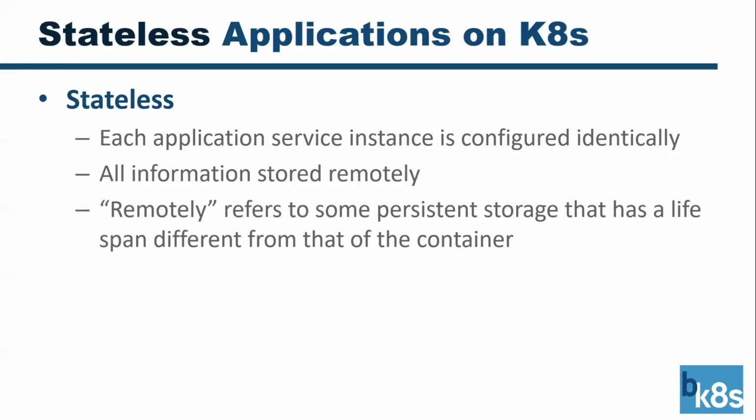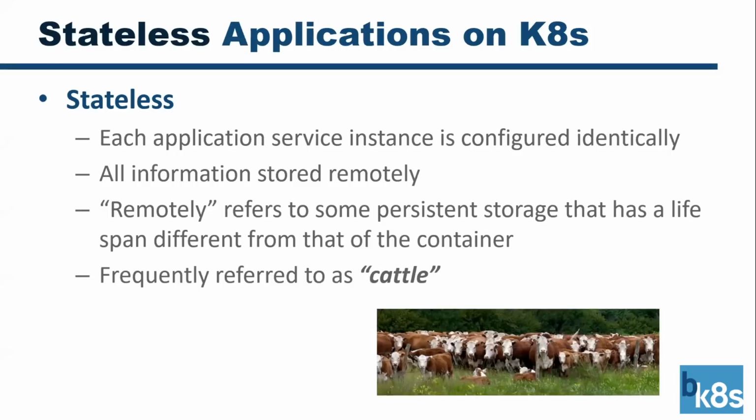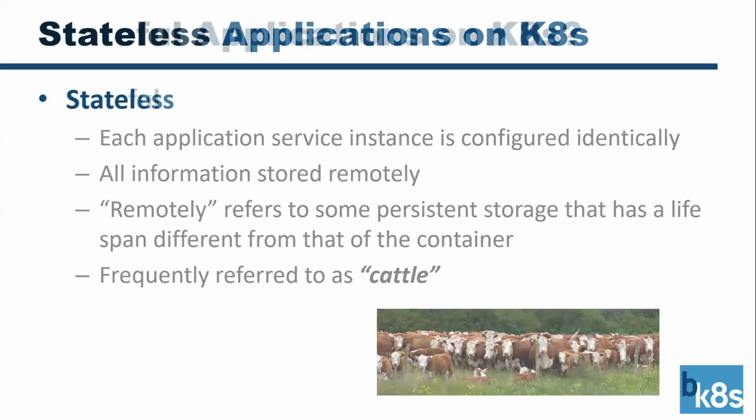And when we say remotely, we mean that the persistent storage has a lifespan different than that of the container. If the container were to exit and restart, it could connect to the same remote persistent storage without loss of context. Typically, these sorts of applications are referred to as cattle because each instance is like every other instance of that application.